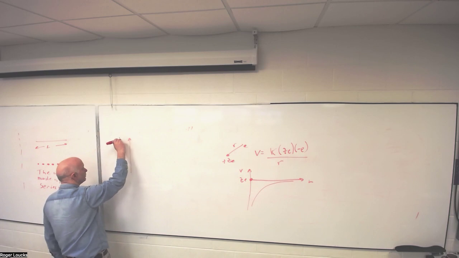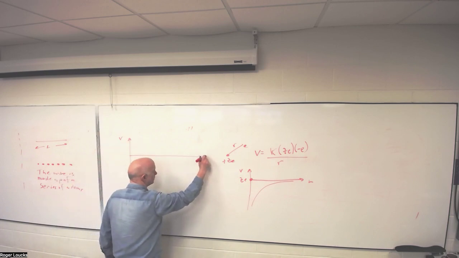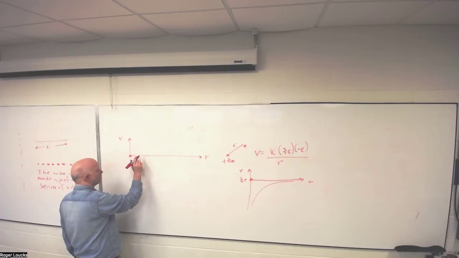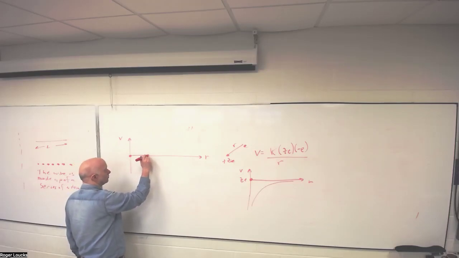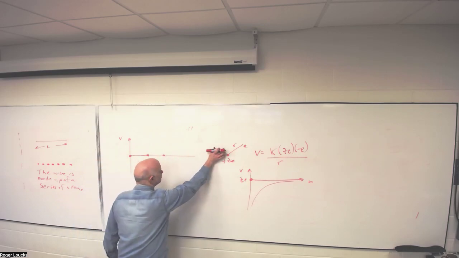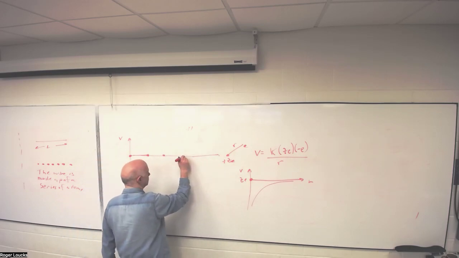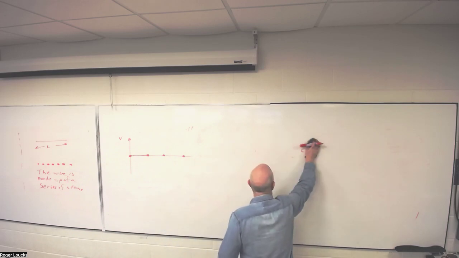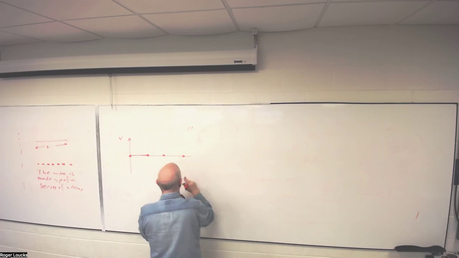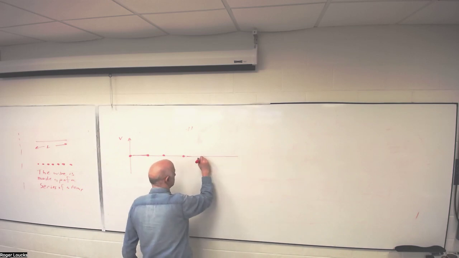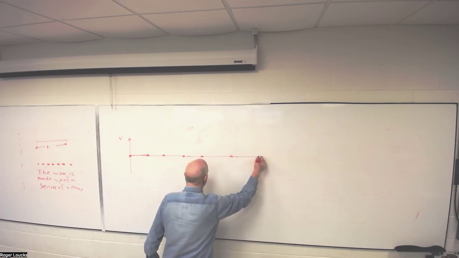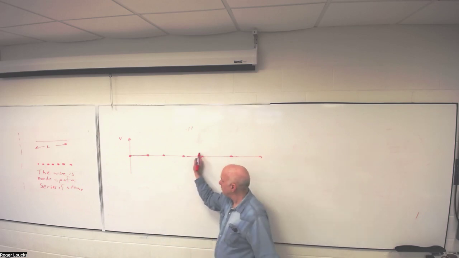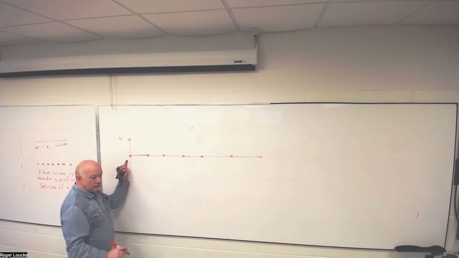Plot V here. Imagine I have all these nuclei, with a little more space between them, and so on and so forth. Let's neglect all these other atoms and just consider this one here.